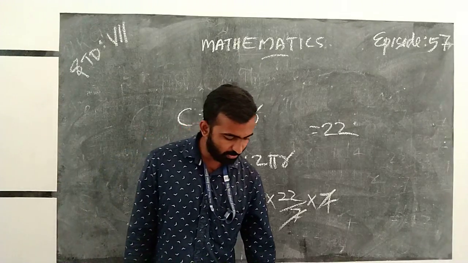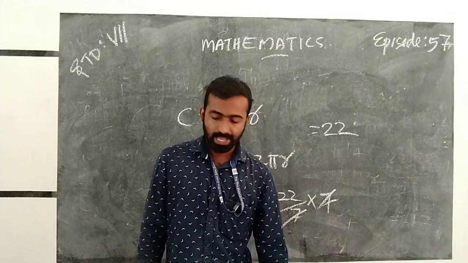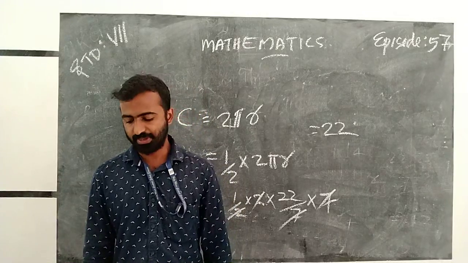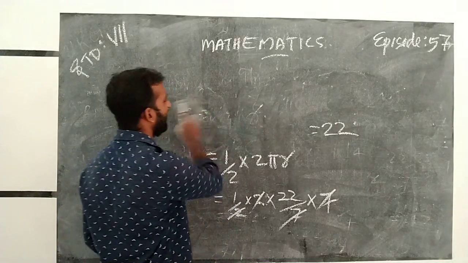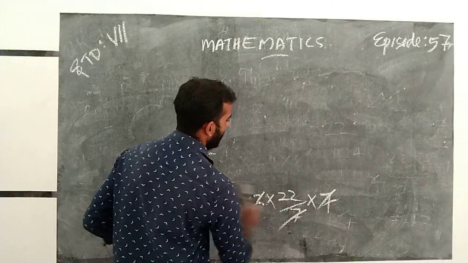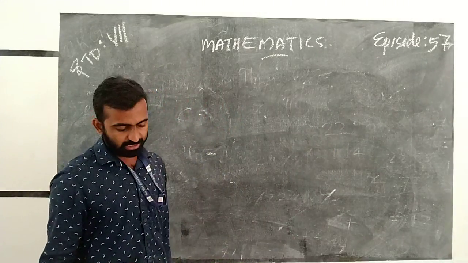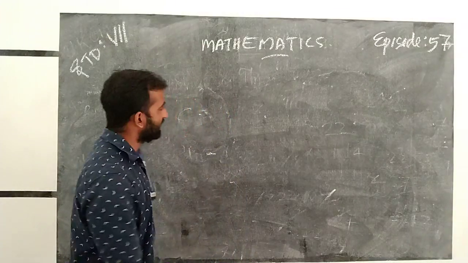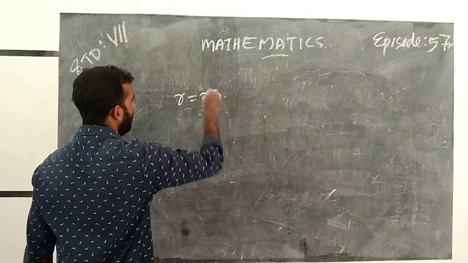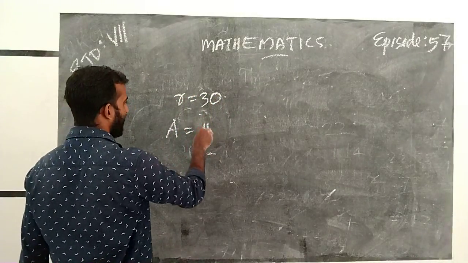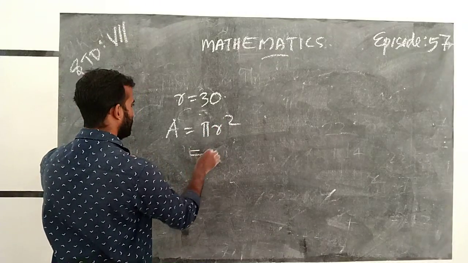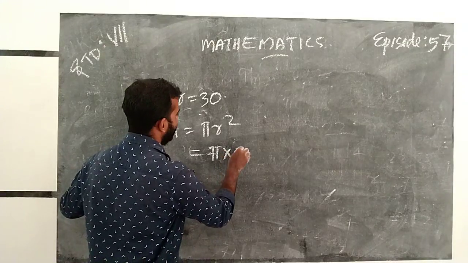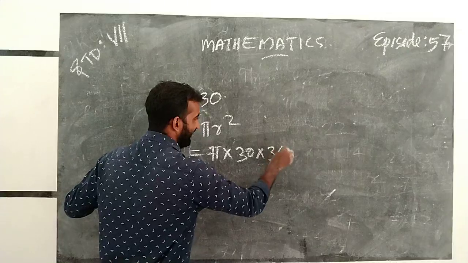Next we are going to discuss example 17. Example 17 is, find the area of a circle of radius 30 centimeters. We already discussed the area. Area means pi r square. So r equal to 30, and area equal to pi r square, that is pi into 30 into 30.